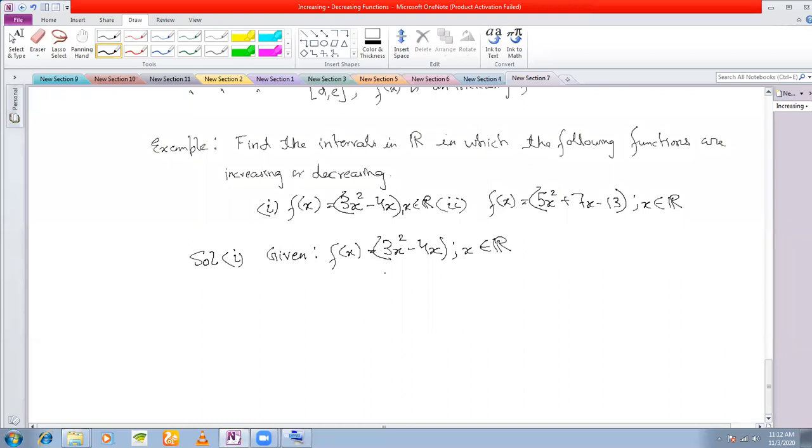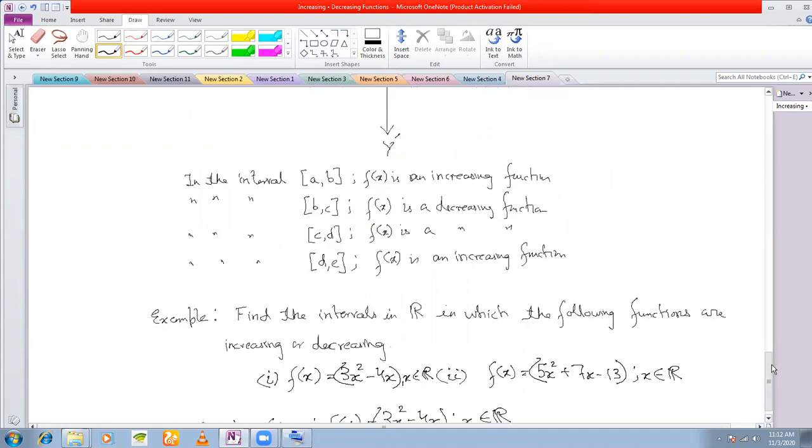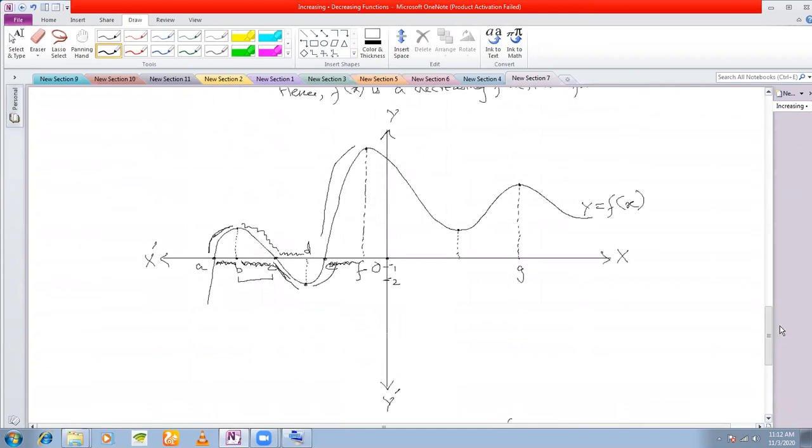Now, in order to check, whenever you get this kind of problems, there is one thing which I would also like you to know, coming back to the graph. If you see, these are peaks, right? This is a peak. This is called a turning value, because from increasing it is now changing to decreasing. Here also from increasing it is now changing to decreasing.